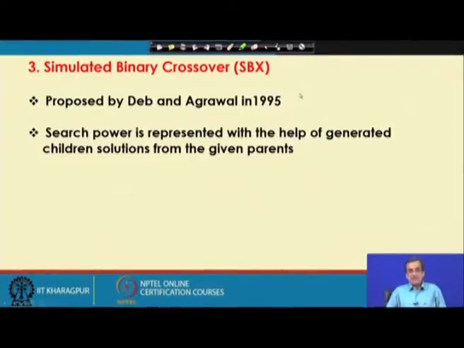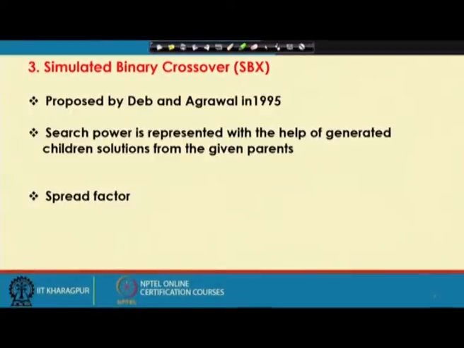Here the search power is represented with the help of the generated children solutions from the given parents. The parents are given, and we have to find out the children solutions. We use one probability distribution function for creating the children solutions from the parents, and the search power is decided by this probability distribution, which I am going to discuss.